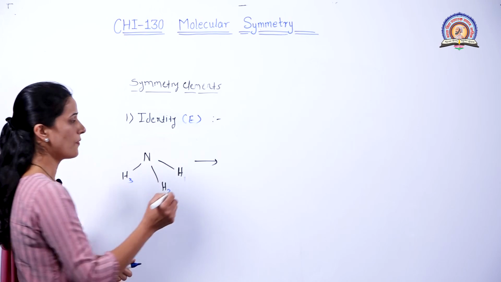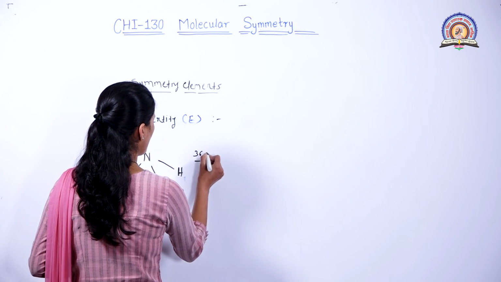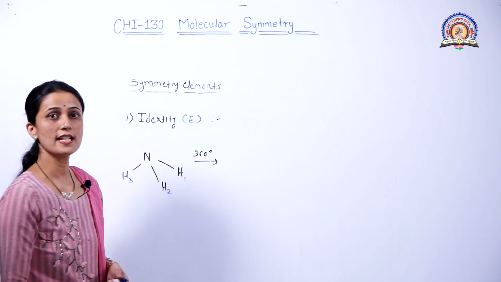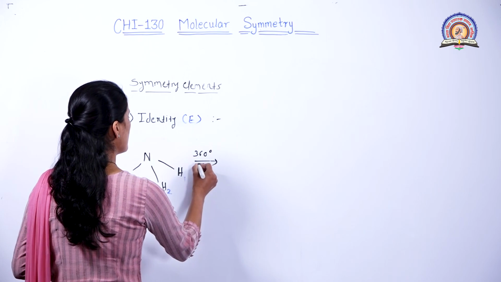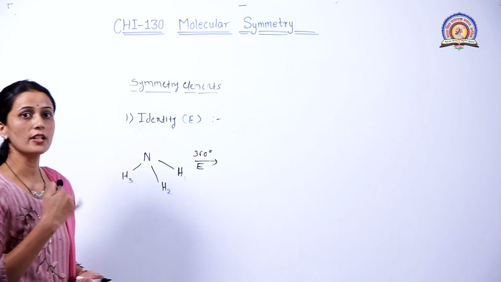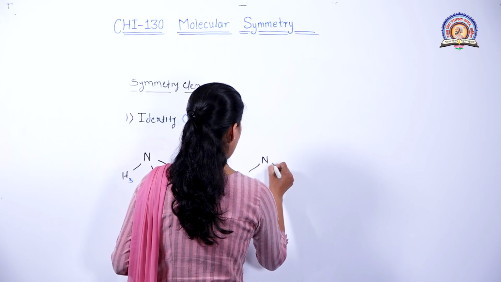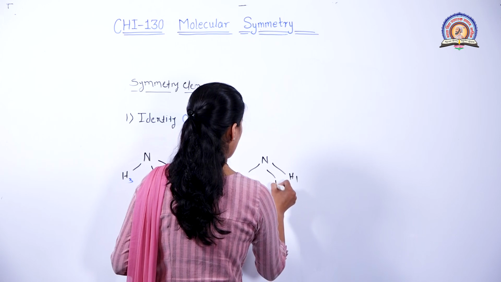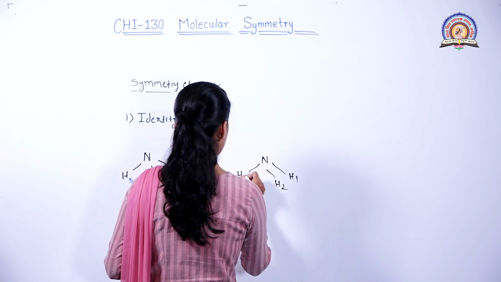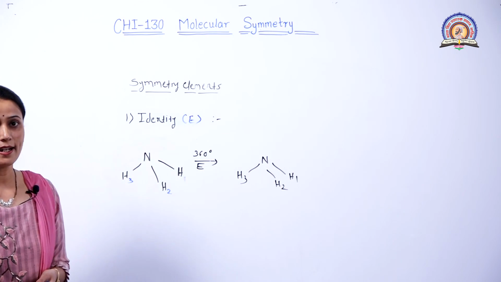So identity means we have to rotate this molecule by 360 degrees, and identity is denoted by E. After 360-degree rotation, the molecule is the same, that is H1 is here, H2 is here and H3 is here. This is nothing but the identity.